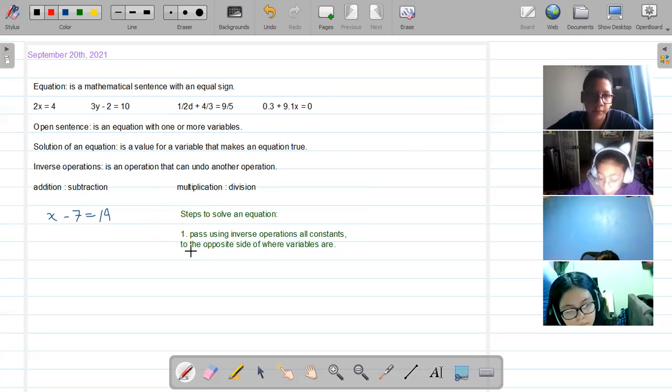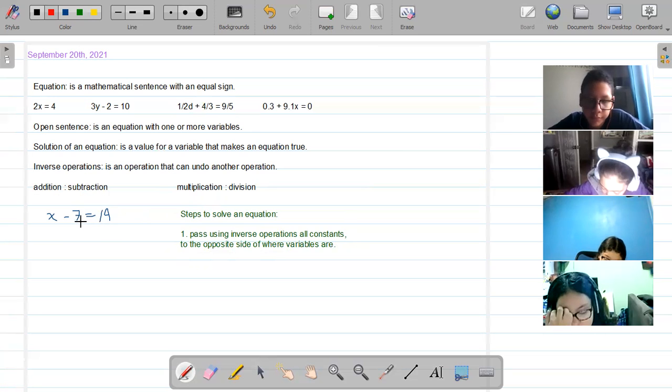So which values are the constants? 7 and 14. 14 and 7. And negative 7, correct. But negative 7 is on one side with the variable x. And the 14 is on the other side of the equal sign, okay? And it is alone. So this negative 7 is gonna go to the right side with its inverse operation.